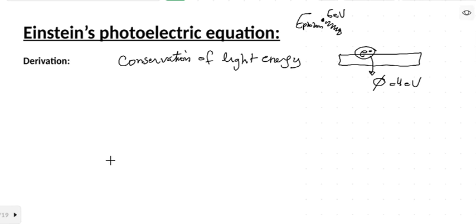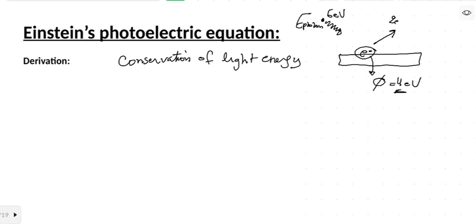This means that to leave the metal, this electron needs 4 electron volt. So part of this total energy will be used to remove the electron, which is 4 electron volt. What remains from 6? 2 electron volt. It will be used to move this electron very fast.